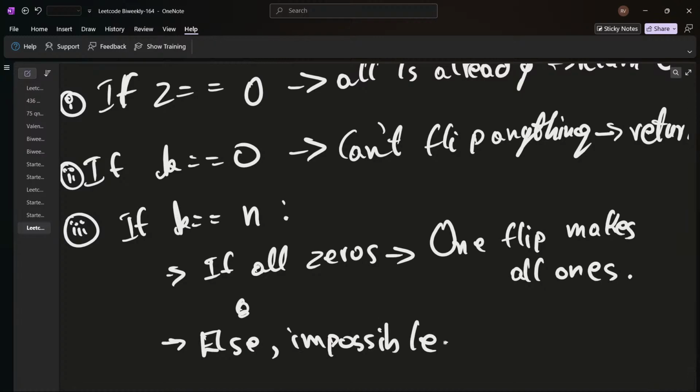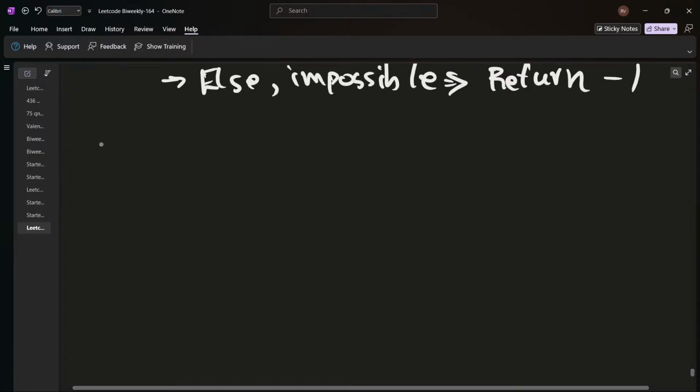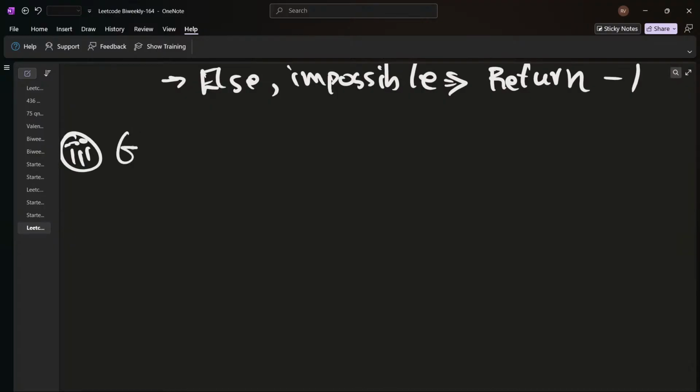When impossible, what should we do? We have to return -1. Done. So now I'll move on to my third step for the general case.